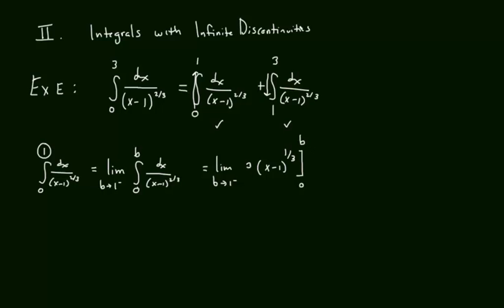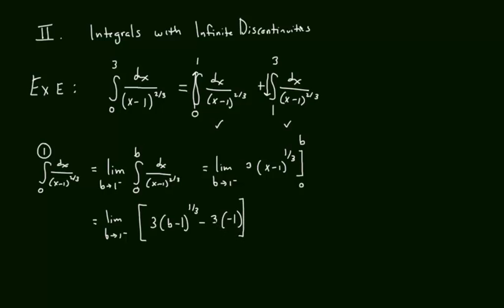So then we continue in the same process that we've discussed in an earlier session. Limit as b goes to 1 from the left, so I'm going to write 3 times (b minus 1) to the 1/3 minus 3 times (negative 1) to the 1/3, or simply negative 1.